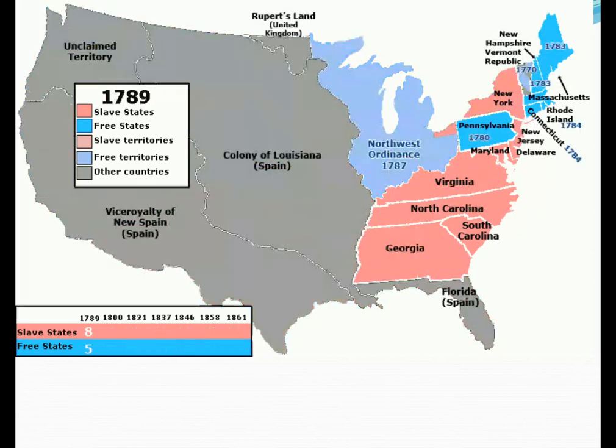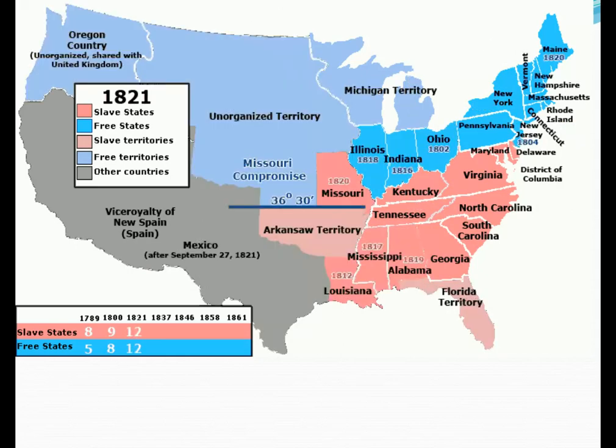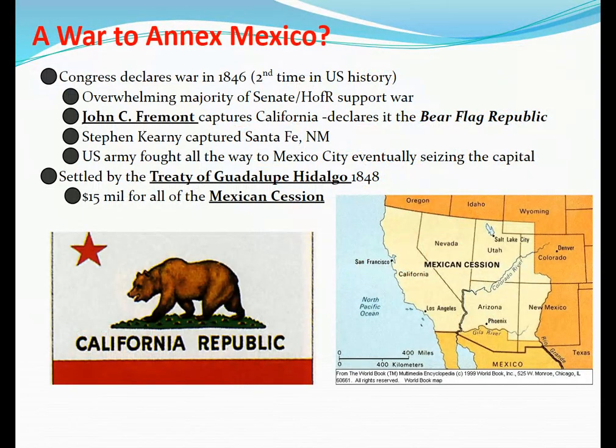And as it becomes organized, there's settlement. When there's 60,000 people, well, then we have these territories applying for statehood. And as we can see, certainly from 1820 on, that application of statehood is always going to come back to the issue of slavery.